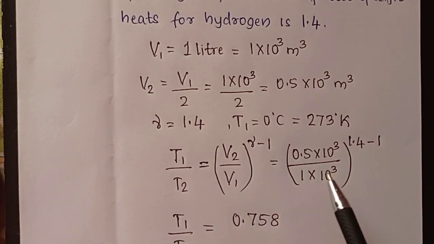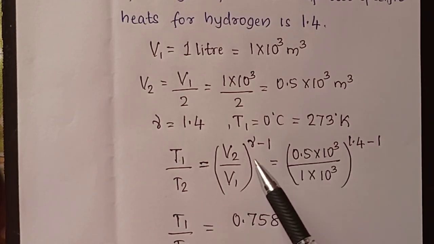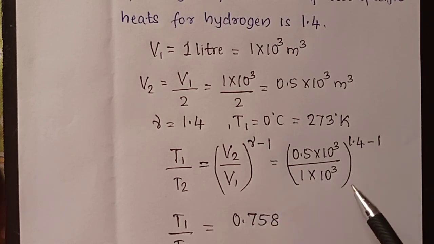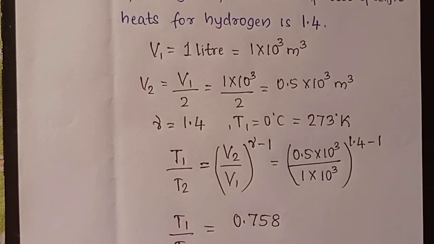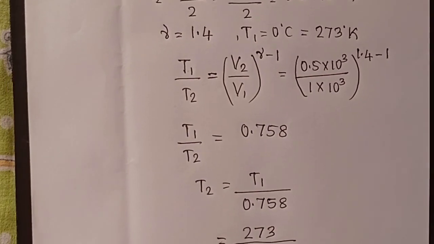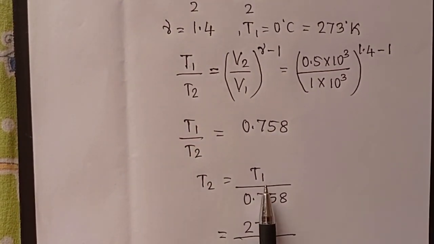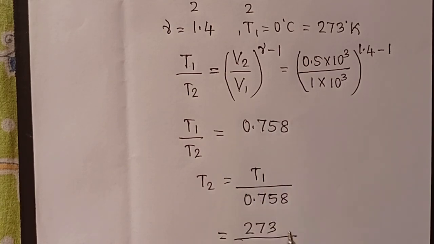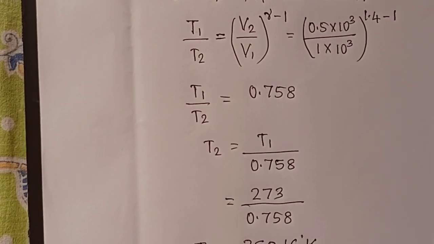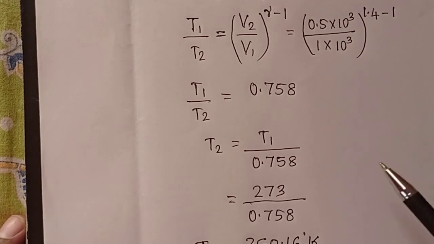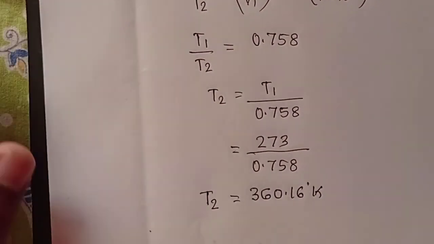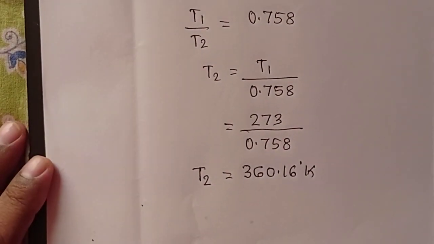So you will get this ratio, that is V2 by V1 to the power gamma minus 1. That ratio will be equal to 0.758. So T1 by T2 you get this ratio, and then T2 will be equal to T1 divided by the ratio what you have got, that is 0.758. And T1 is known to us, it is 0 degrees, that is 273 degrees Kelvin. So find out the value of T2.